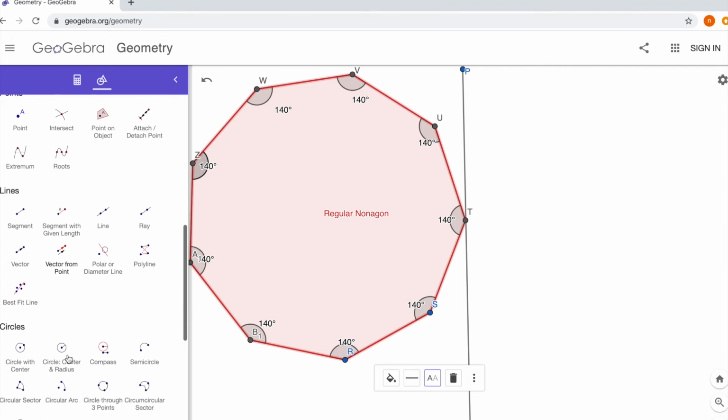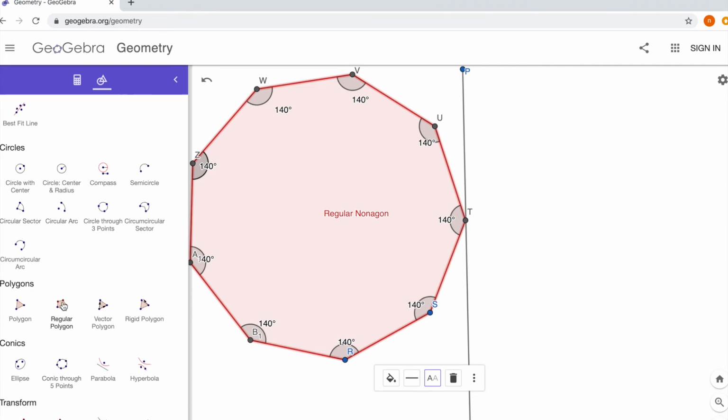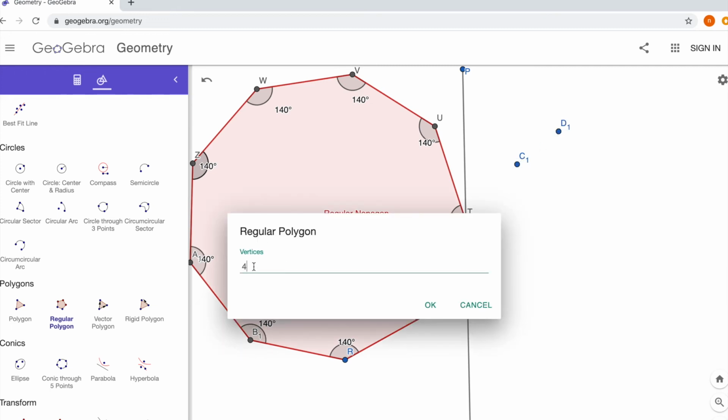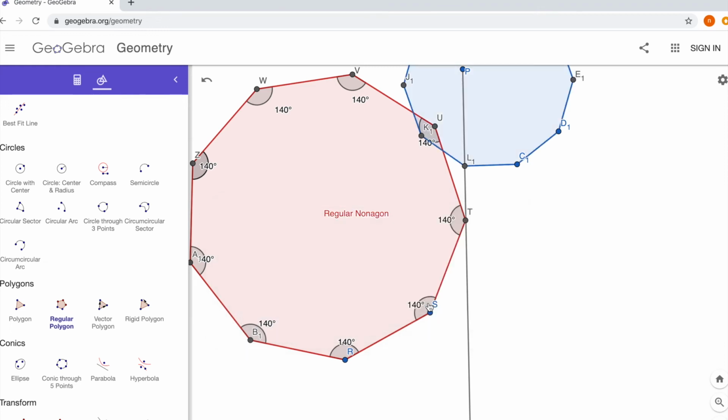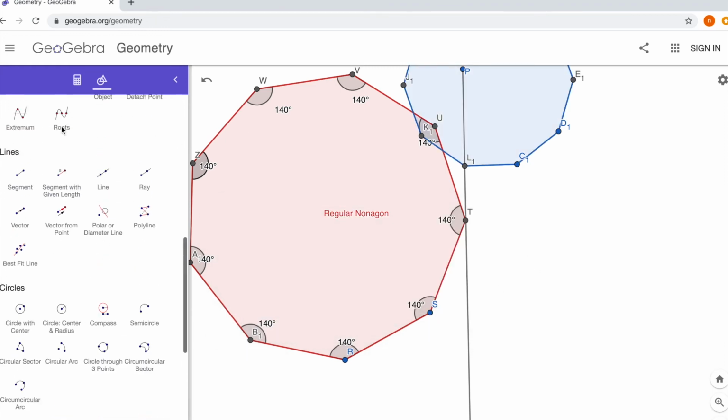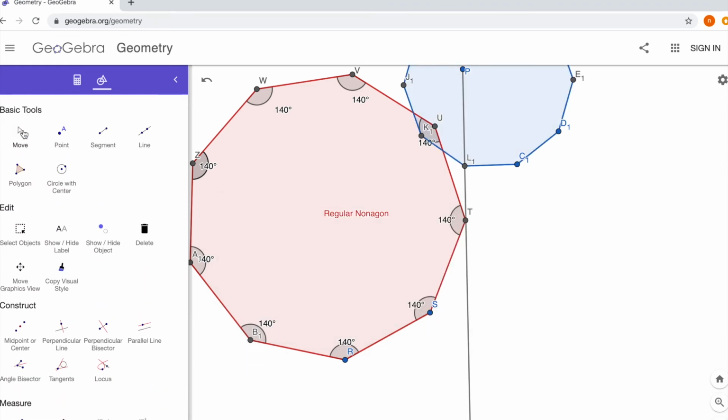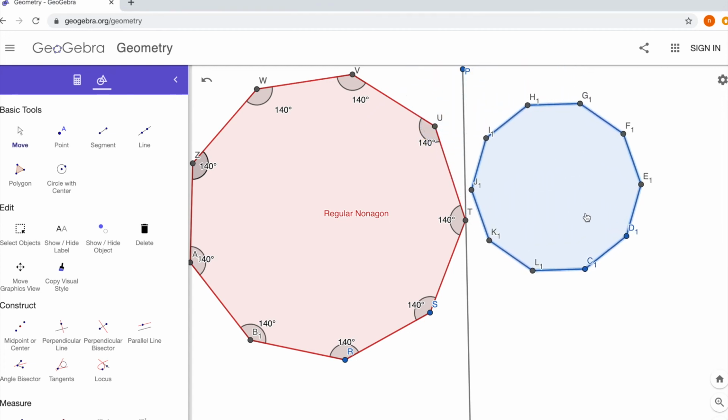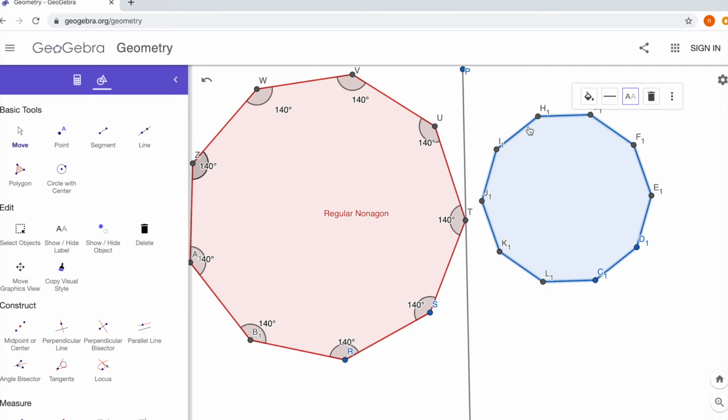If we take some more figure, we take a regular polygon, and this time we take just 10 vertices. 10 vertices, regular polygon. What is the name? It is decagon. Regular decagon. I move it a little backward so that you can see the figure clearly.